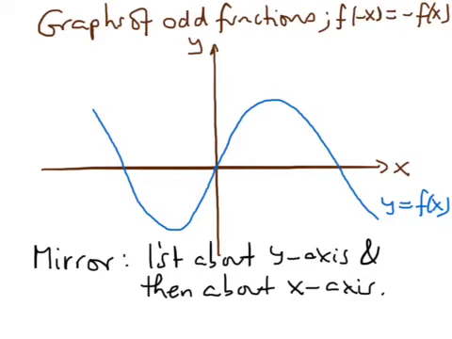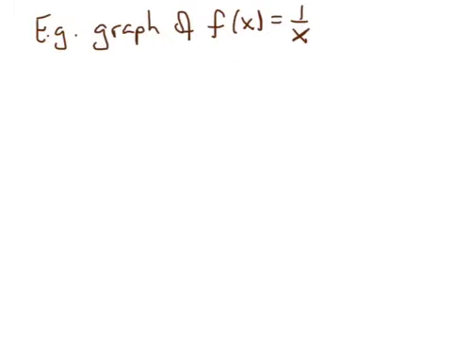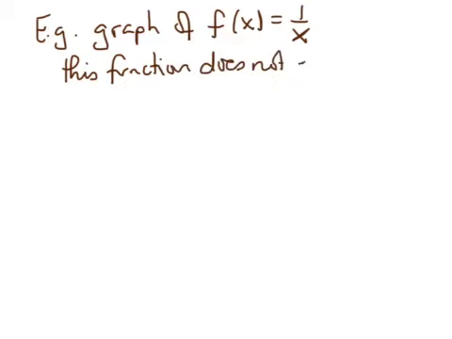On the next slide, I'd like to draw the graph of an odd function which does not exist when x is equal to 0. So, the example I want to look at on this slide is the graph of the function 1 over x. It's clear that this function does not exist when x is equal to 0. We'd have 1 over 0, which diverges.